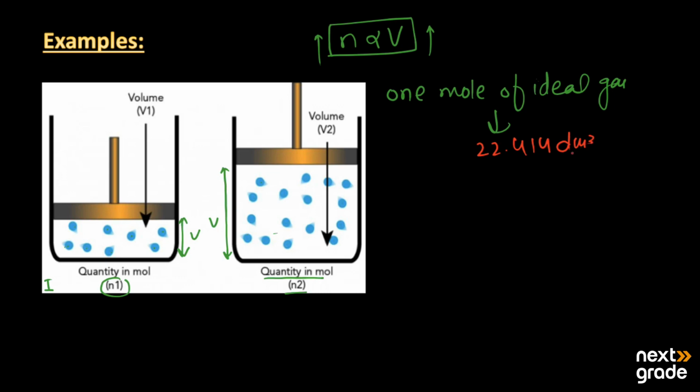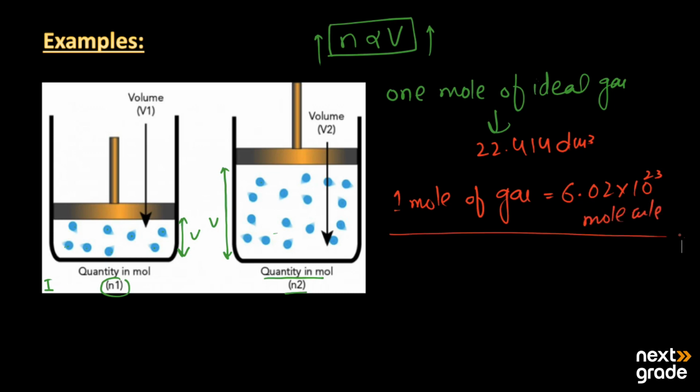Likewise, if we have 1 mole of gas, the number of molecules it contains is given by Avogadro's number, 6.02 into 10 raised to the power 23 molecules of the gas. So this is a simple example of Avogadro's law.